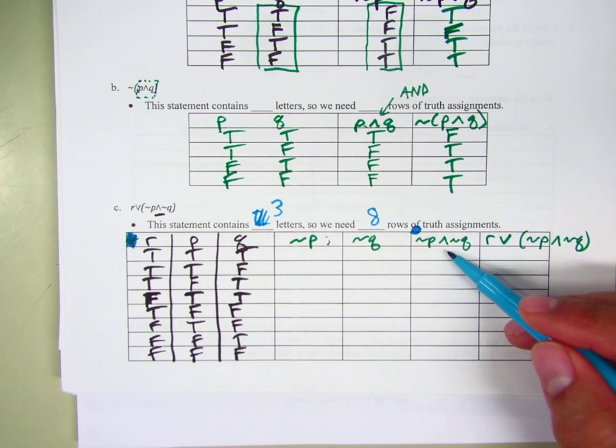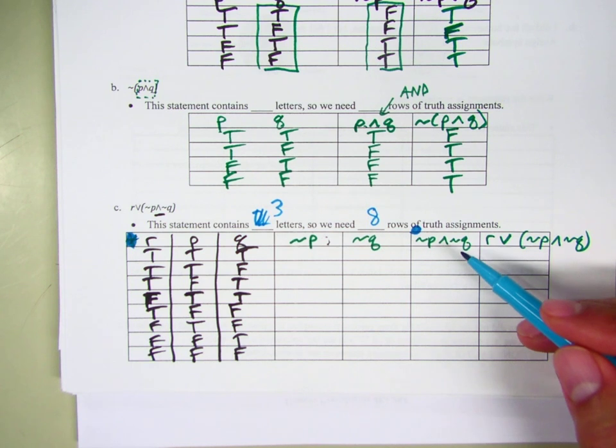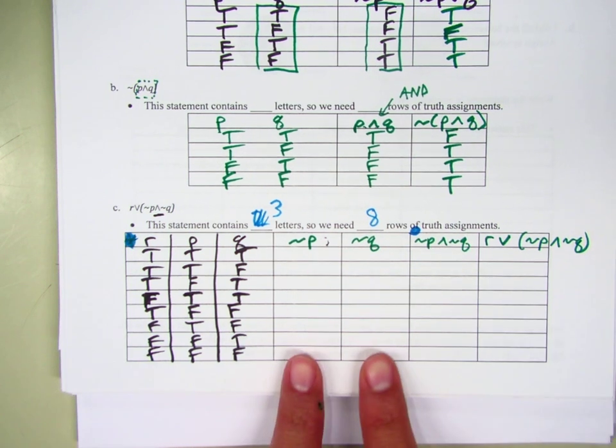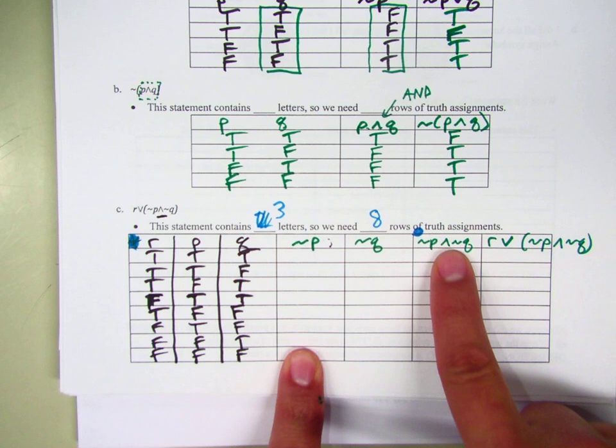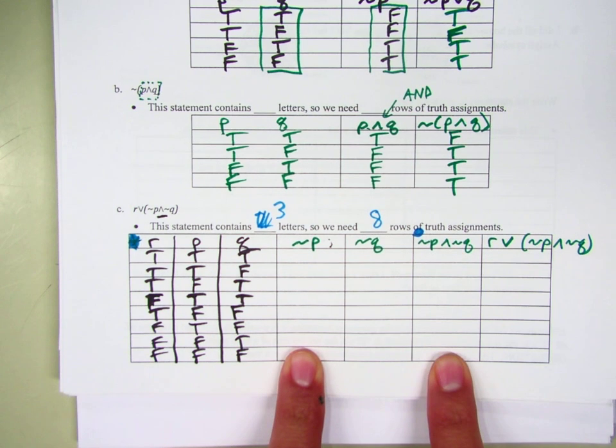This one? That's correct. And you should be looking for this column, you should be looking at these two. Both of these have to be true in order for this to be true. That's correct.